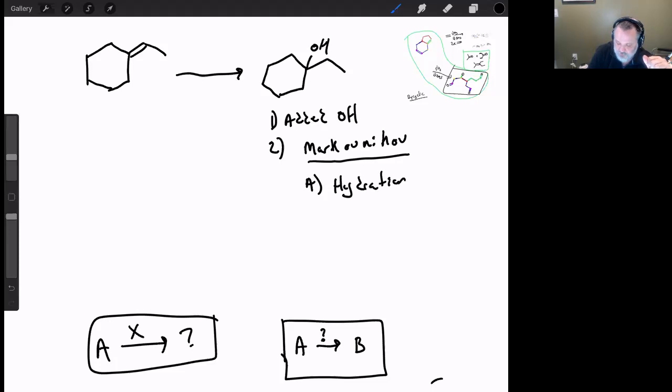Hydration from an acid catalyzed hydration, or that means you could have also done, what's the other one? Oxymercuration, demercuration.